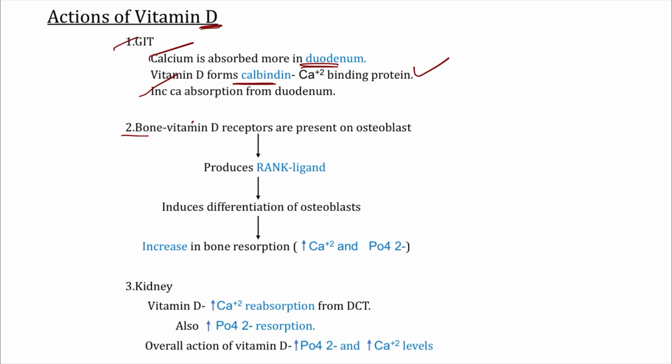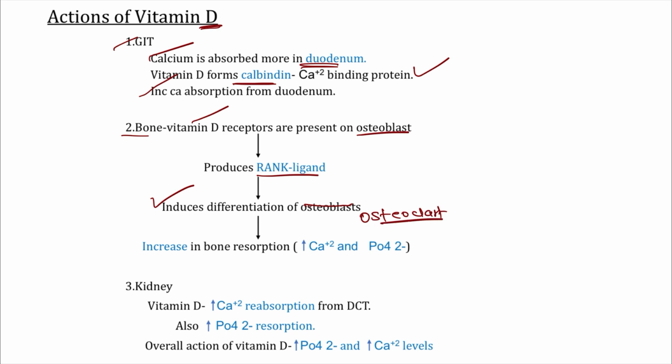Now see this second organ, that is our bone. So vitamin D receptors are present on osteoblasts. Like parathormone, the vitamin D receptors are also present on osteoblasts. Now, sir, these osteoblasts will produce RANK ligand. This RANK ligand will induce the differentiation of osteoclast cells, not blast, osteoclast cells.